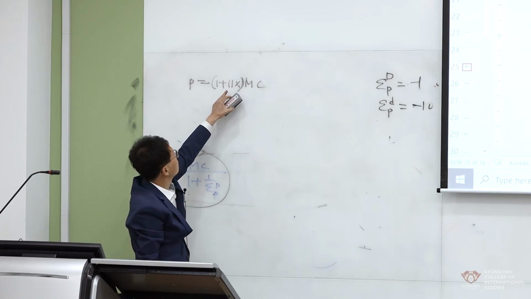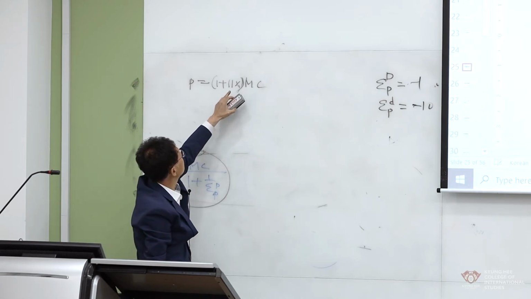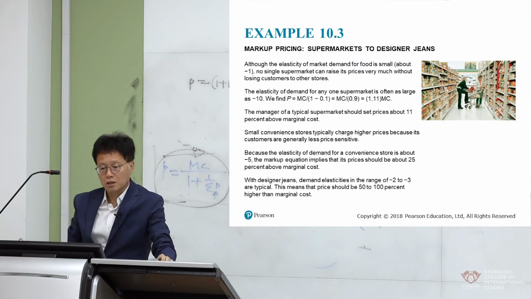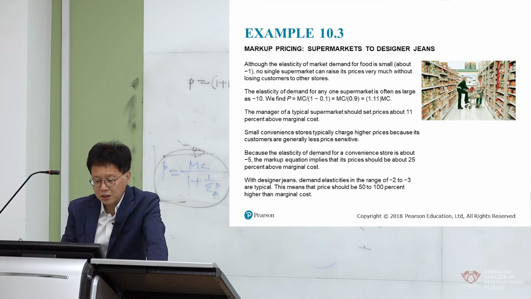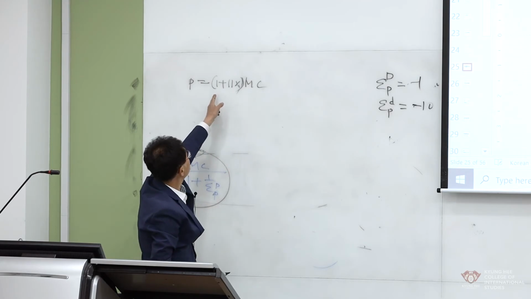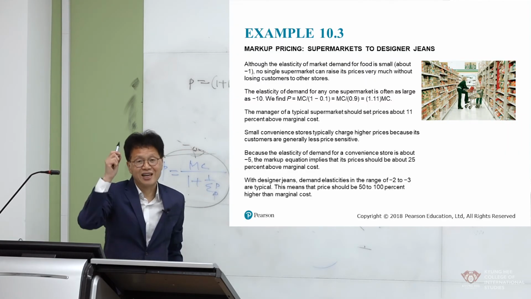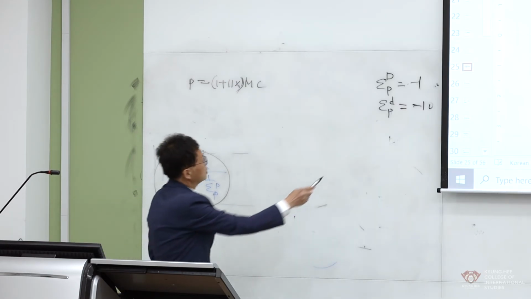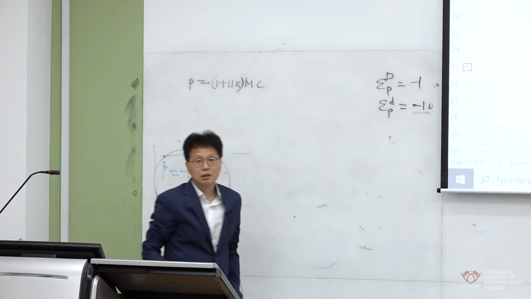Right? 1 MC plus 11% MC. The manager of a typical supermarket should set price 11% above the marginal cost. Okay? So an individual supermarket charges a markup over marginal cost of 11% when this one is -10.